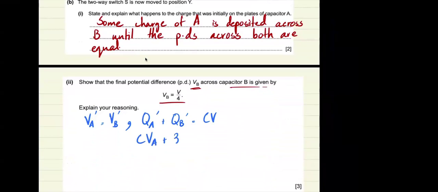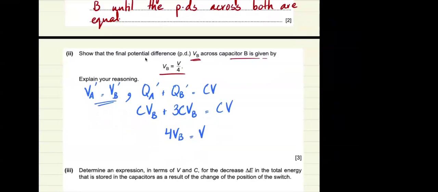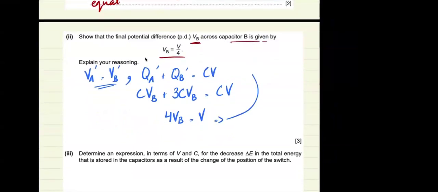And B has a capacitance 3C, so it's 3C VA or VB. If I write it, it doesn't make a difference because of this idea. But let's say the examiner wants me to write this in terms of VB, so let's use VB: it equals CV. Again, you see all of these C's cancel out. So this is really 4VB equals V. So VB is just V by 4. All right.